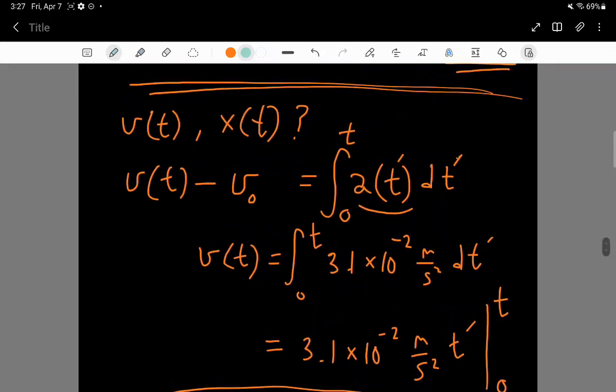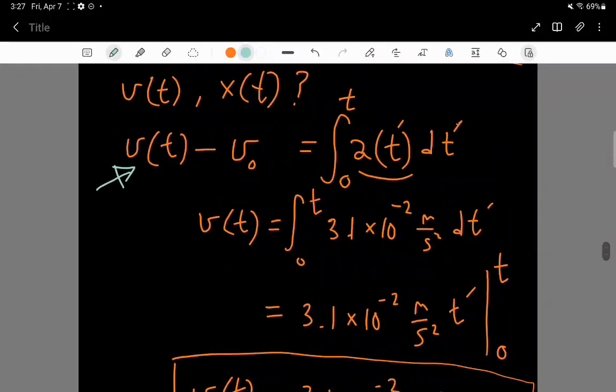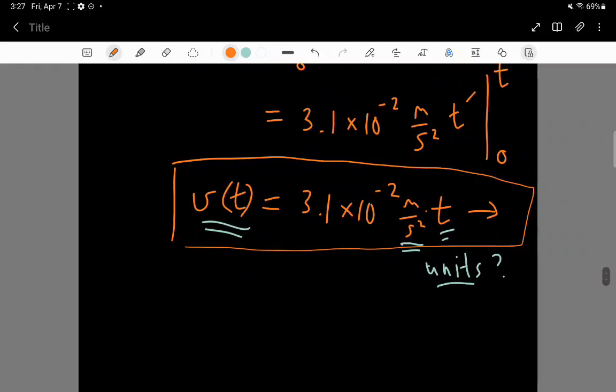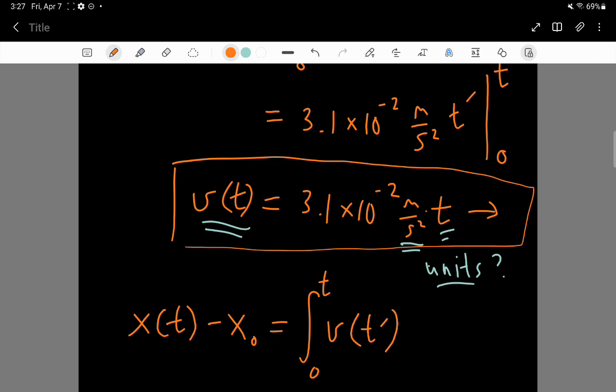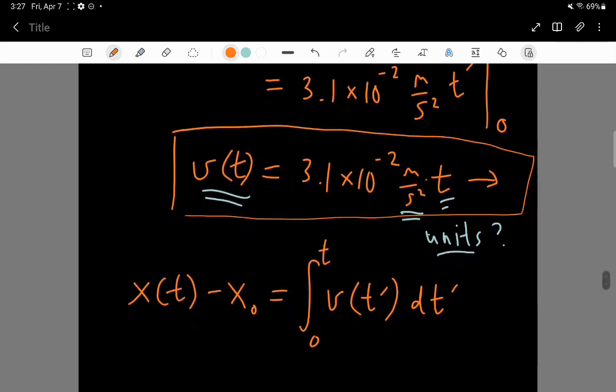So similar to this construction here, we can also get x of t. So x of t minus the initial x is equal to the integral from 0 up to t of v of t prime dt prime, using this dummy variable notation. v of t looks like the expression we just got.